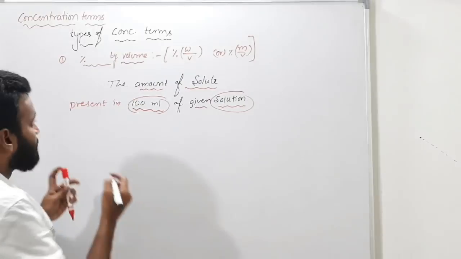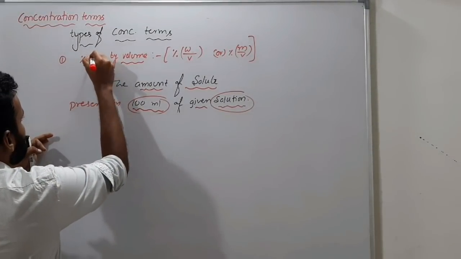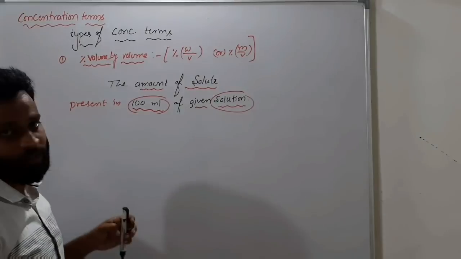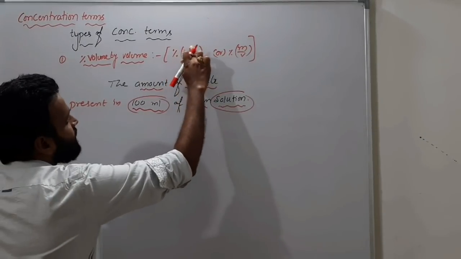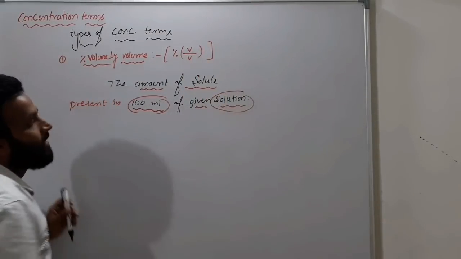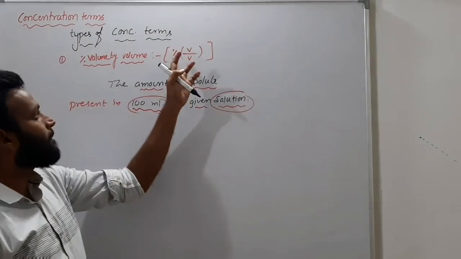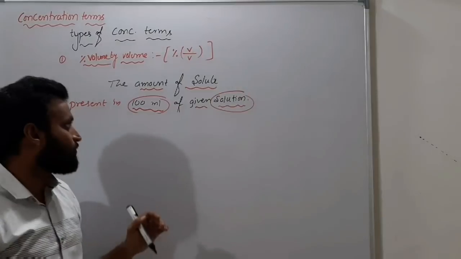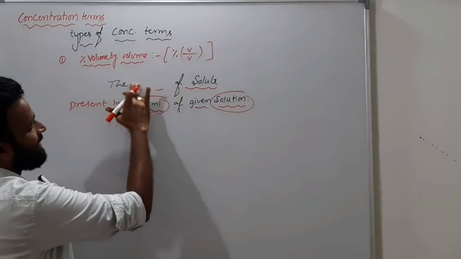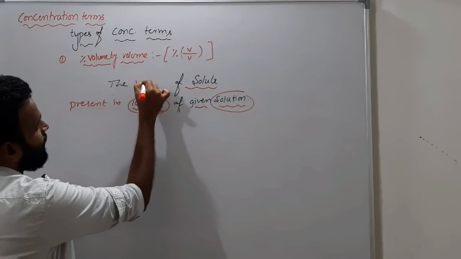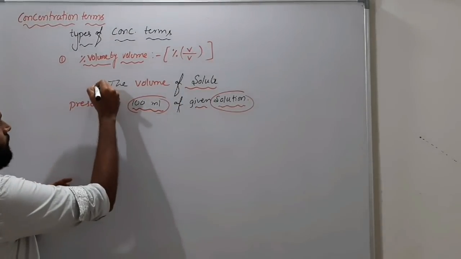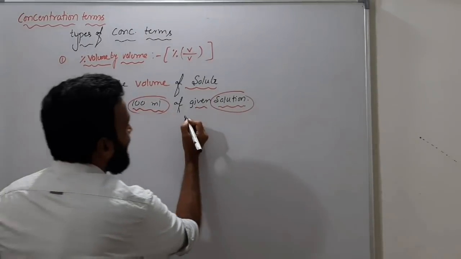That will be percentage volume by volume, just V by V, one is enough. The amount of solute, instead, here you have to use the volume. Got it? So the volume of a particular solute is present in 100 ml of given solution.